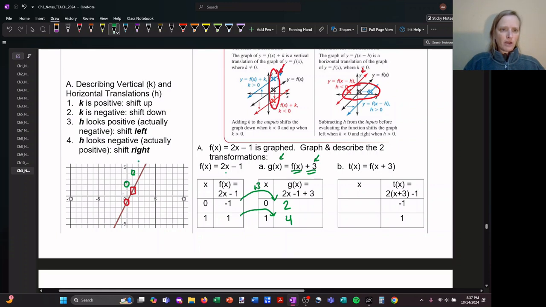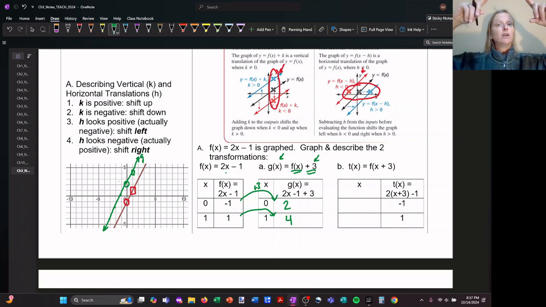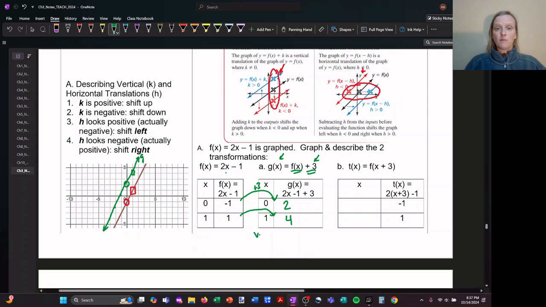If I continue that pattern on a little bit just so that I can draw a straighter line, it's going to look like this. And that's going to be my graph of g. So that's an example of a vertical shift upwards of 3 units. Vertical shift up 3. Okay.